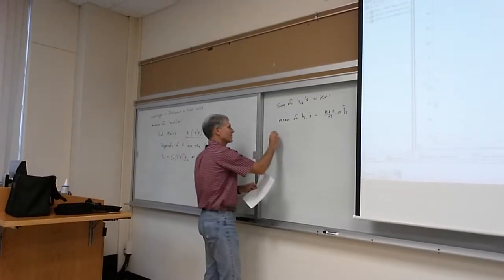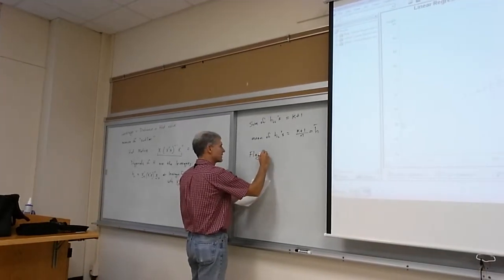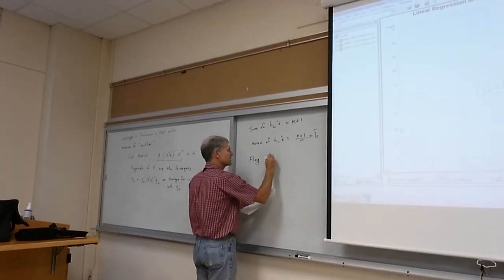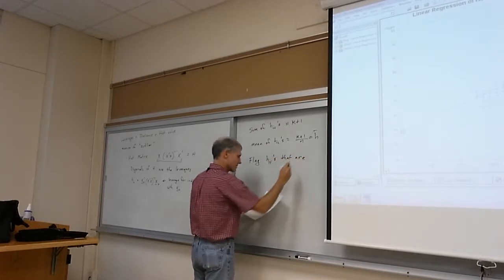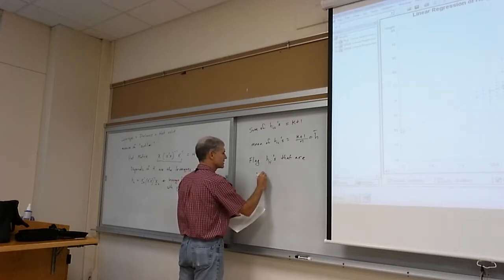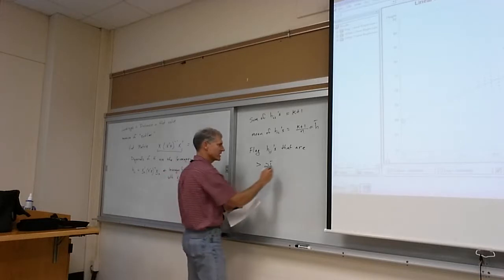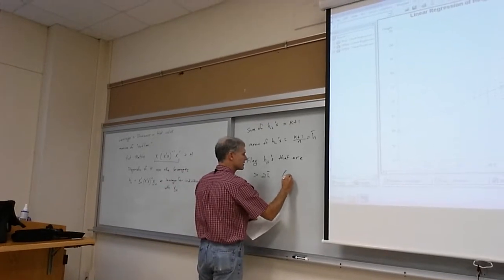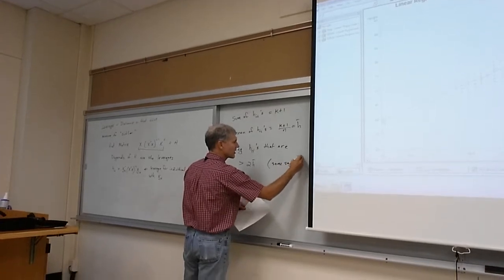Right? So we will flag HIIs that are greater than 2 H bar. Some books say 3 H bar.